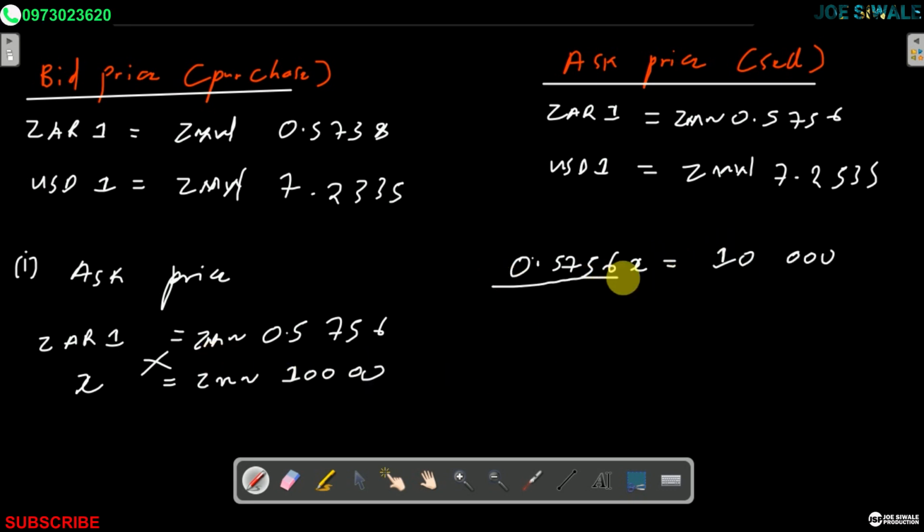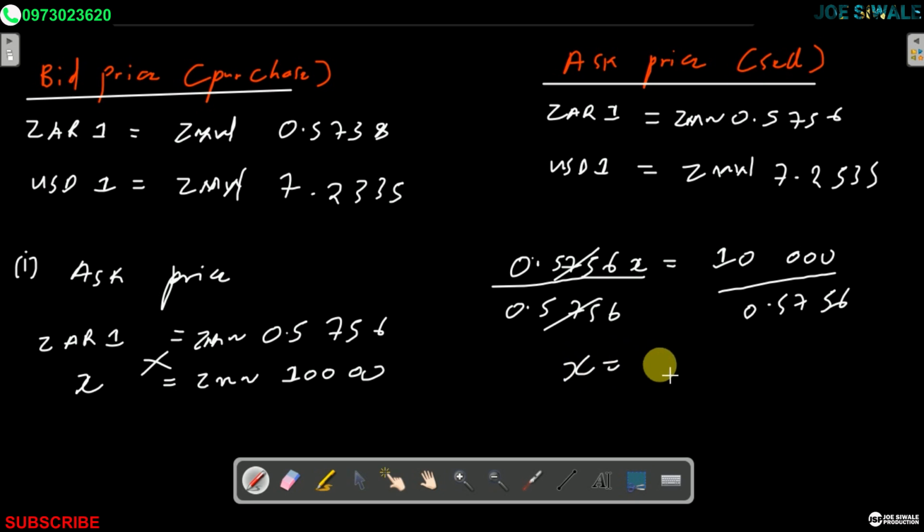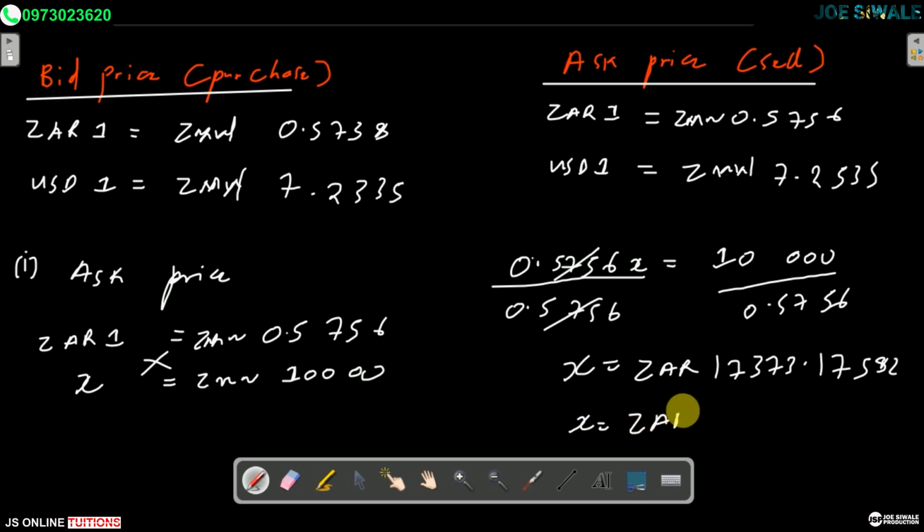To find the value of x, we'll divide both sides by 0.5756. So we'll say 10,000 divided by 0.5756, and our answer is 17,373.17582, and that is going to be our South African rand. Rounding off that answer to 2 decimal places, we have 17,373.18. That's going to be our answer.